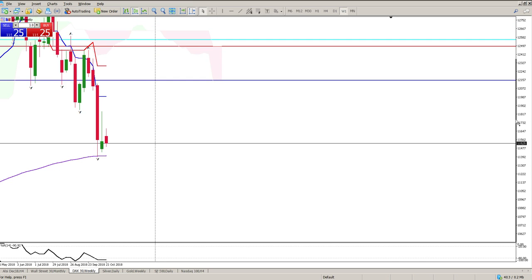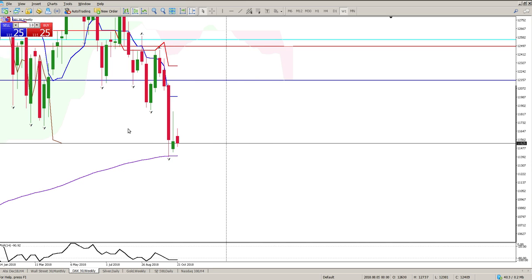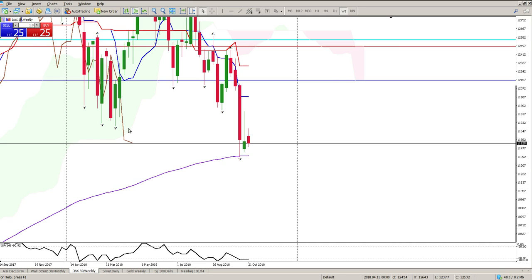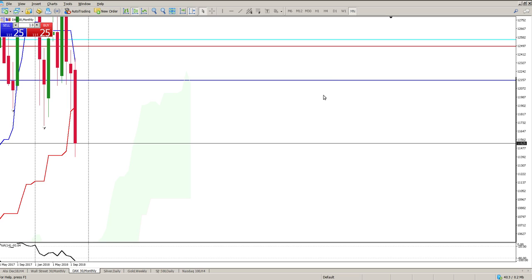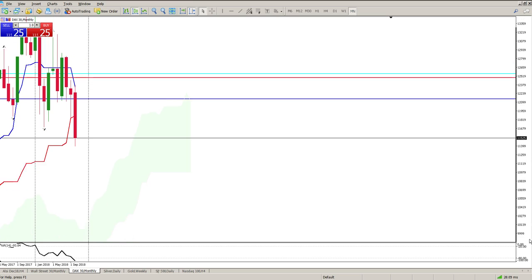You can see how we're coming up to the 200 moving average, and look at the Tenkan-sen and Kijun-sen now flat, and we are far away from it. So the further we are from Tenkan-sen and Kijun-sen, the more likelihood there is that we're going to have a bounce. Okay, so I am not really keen on this either way.